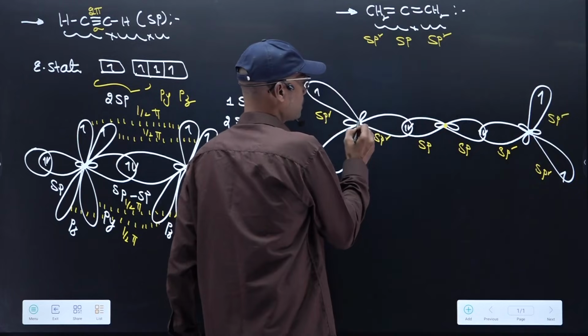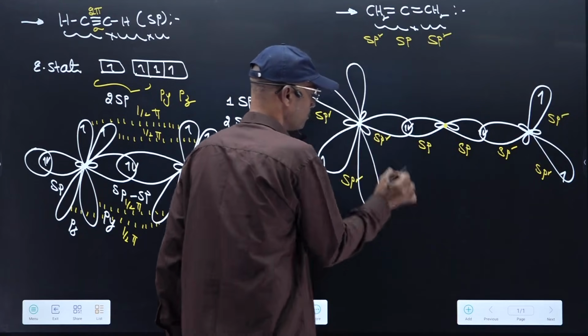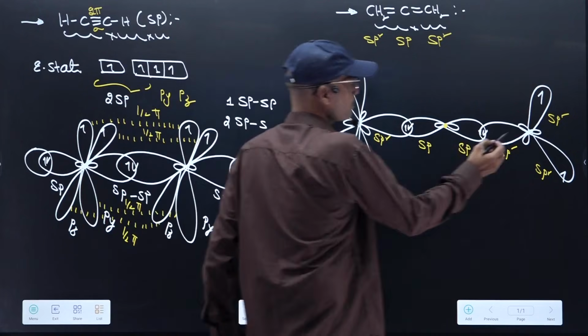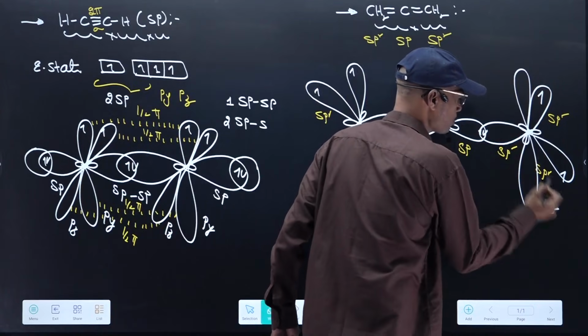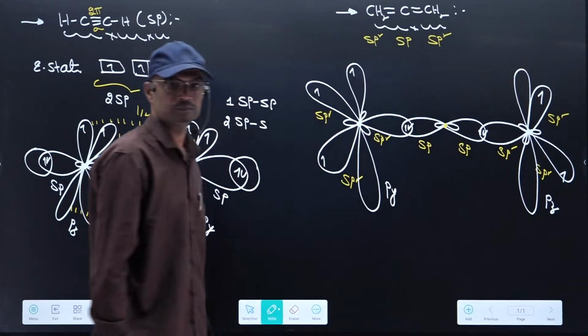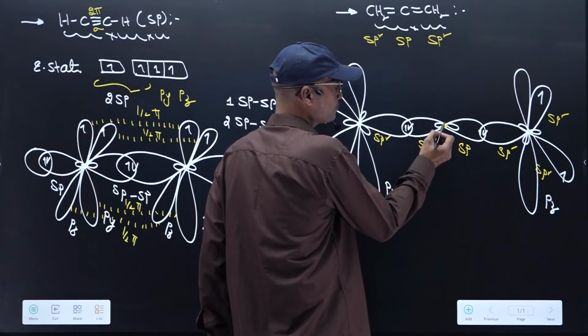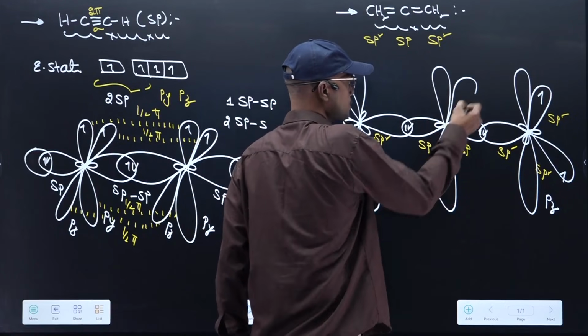And see, this carbon carries one unhybridized orbital. What is that? py. Right? 1 electron. This carbon also carries one unhybridized orbital. That should be pz, it should not be py. So how many unhybridized orbitals does the middle carbon carry? 2. So this is py, and this is pz.